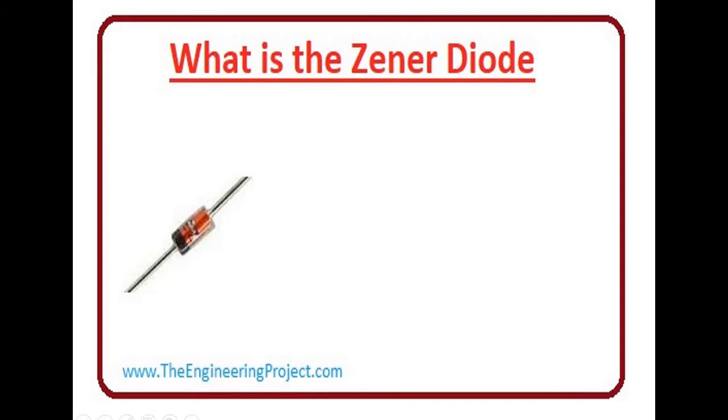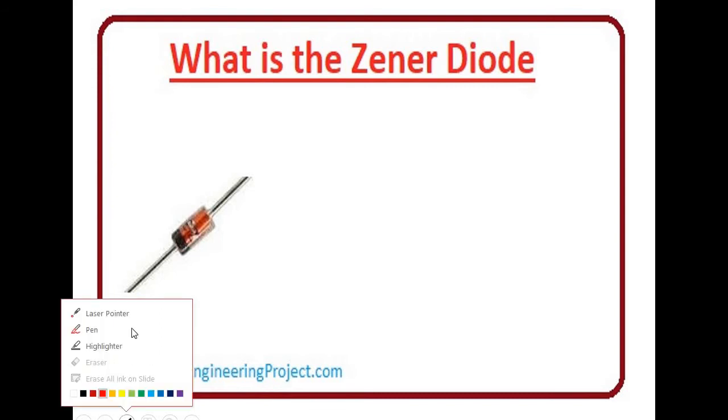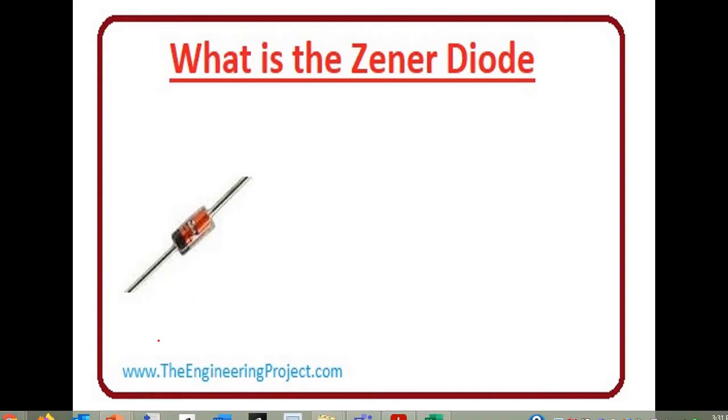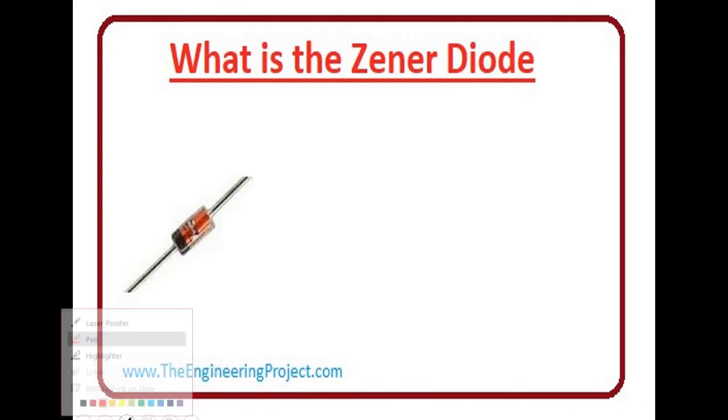If you see this word diode carefully, then you can get one thing. Just a second, I'll take the pointer. Okay, so if you observe this word diode carefully, then you can see we can divide the entire word into two parts.